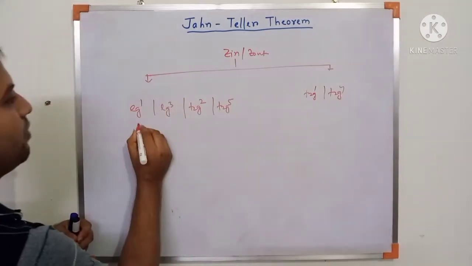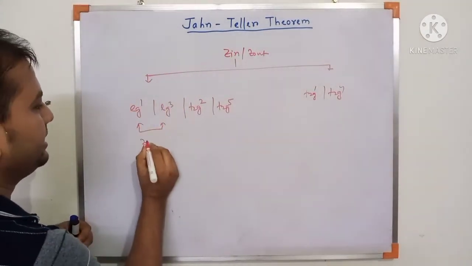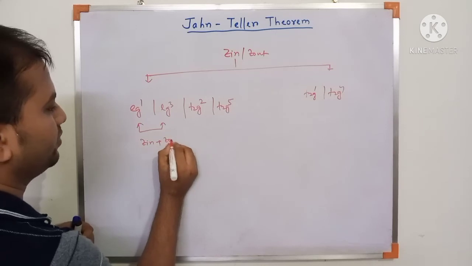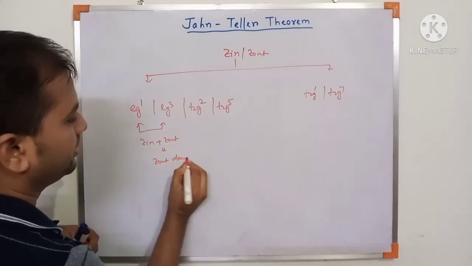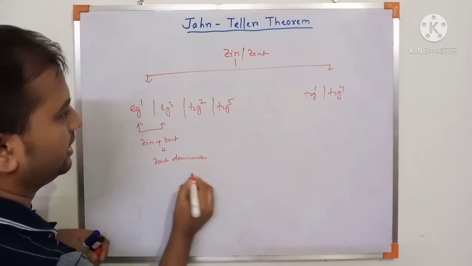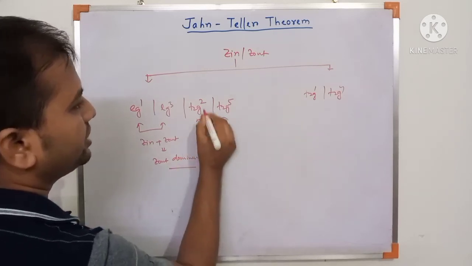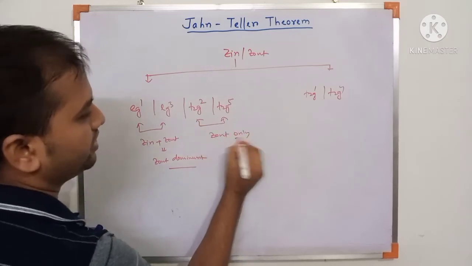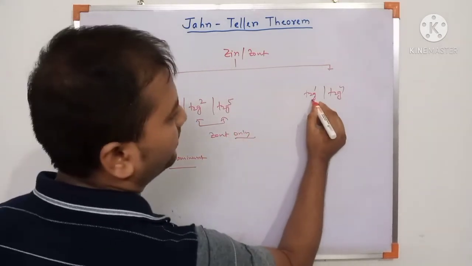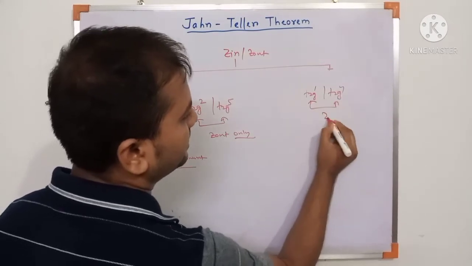In EG1 and EG3, z in plus z out both possible, but z out dominant, but in T2G2 and T2G5 only z out is possible, but in case of T2G1 and T2G4, z in is possible.